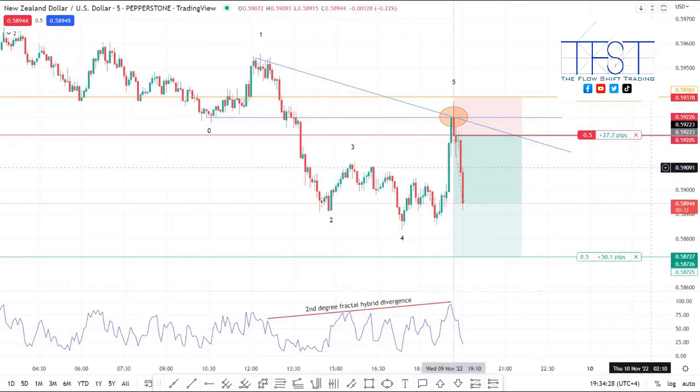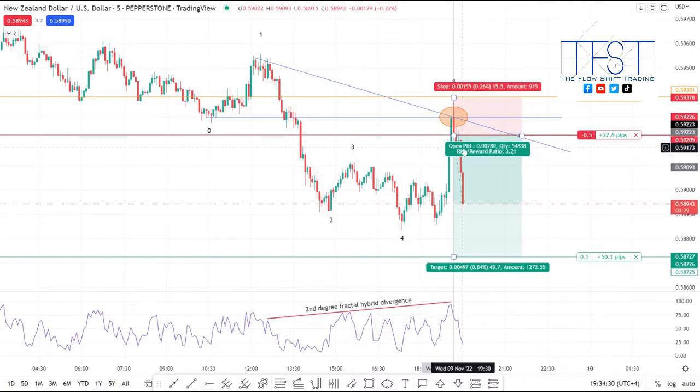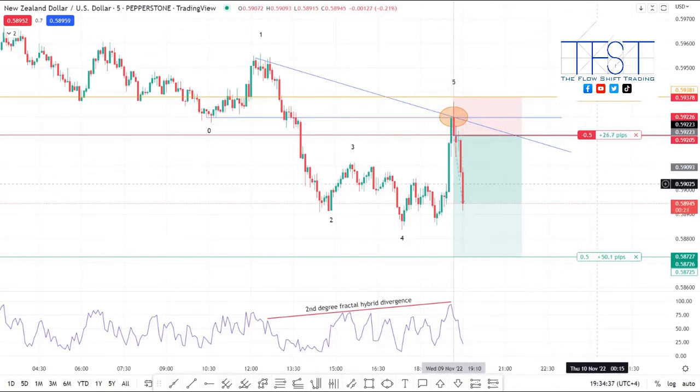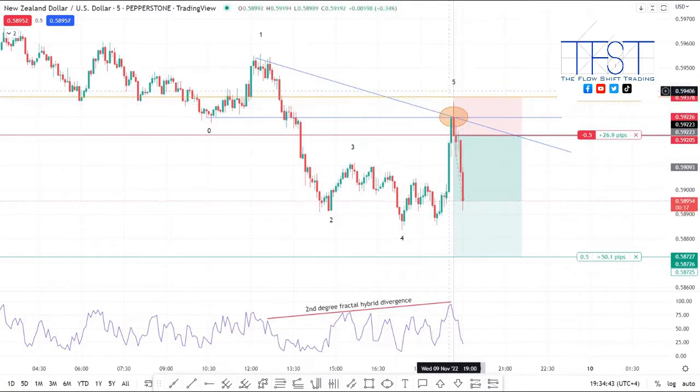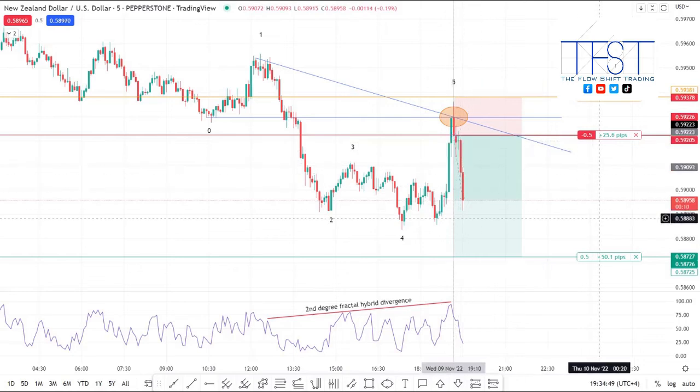And entry natin would be the very next candle after ng ating fractal candle. And stop loss just few pips above, because if we are correct in our analysis, price should not have any business above the fractal candle and above this frequency line. So this is our double and triple protection.